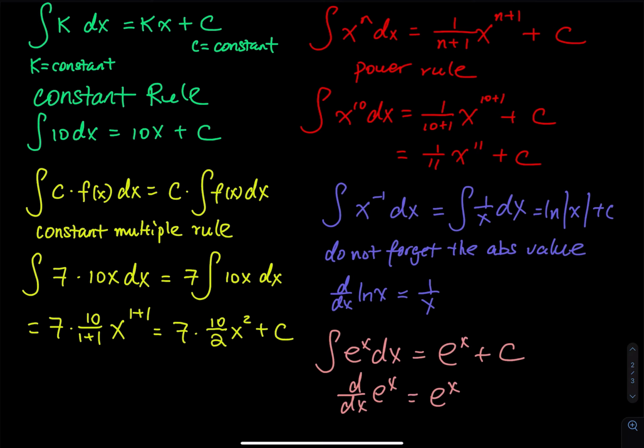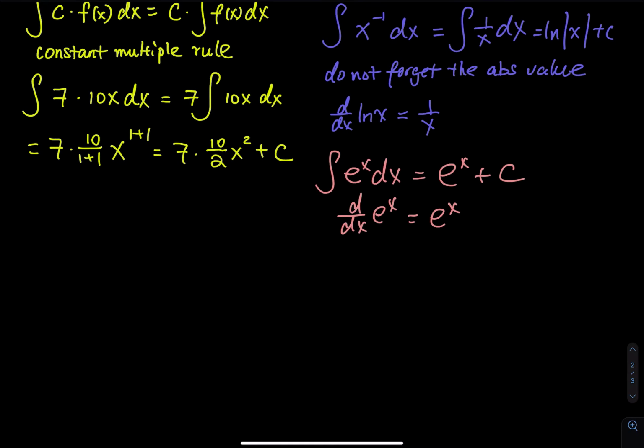Let's do some practice. The first practice problem is the integral of 5 divided by x to the 7 dx. So this is the integral of 5 x to the -7 dx. Let's apply the rule. What if you want to pull the 5 out? You can do that, but that step is not really interesting. I can do that for you.